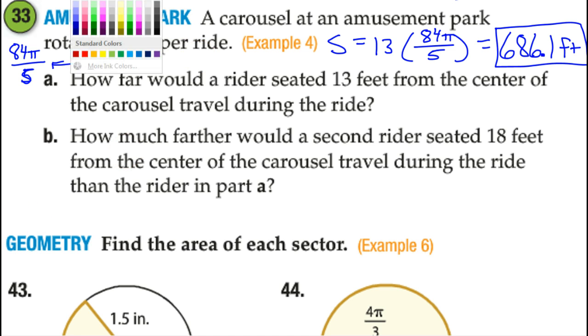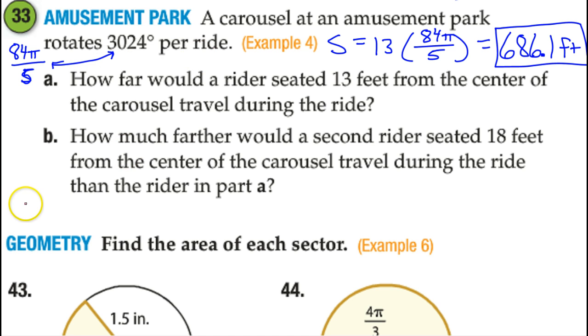All we have to do is calculate a new arc length based on the new radius of 18. So this time it'll be 18 times 84 pi over 5. Okay, let's see what that is.